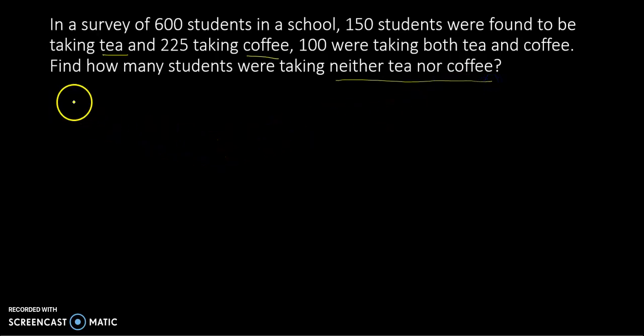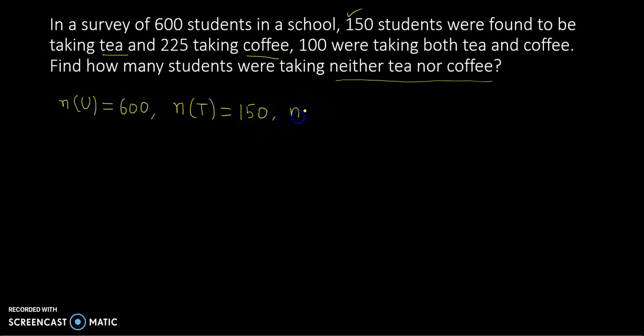So let's solve this particular problem. First of all, how many total students are there, or number of students in the universal set? They are given like 600. There are 600 students in total, and 150 students were found to be liking tea or taking tea. So I'll represent the students taking tea by n(T), and that is exactly 150.